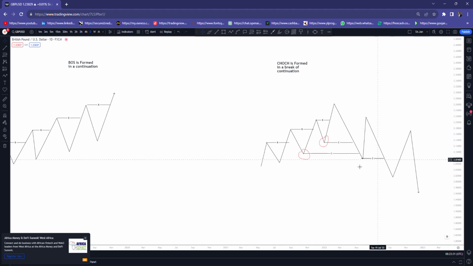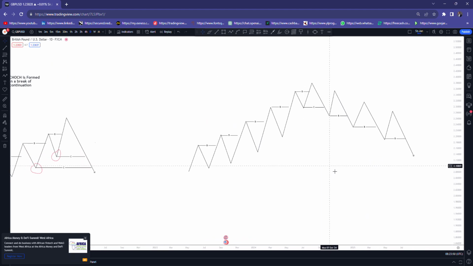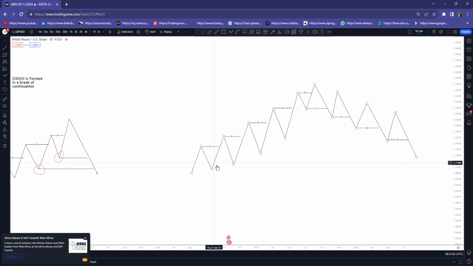The only time we'll see a break of structure is when the price is played out in this manner. But if it just continued like this, it remains a change of character. Now, I formed this to give us a sound example.